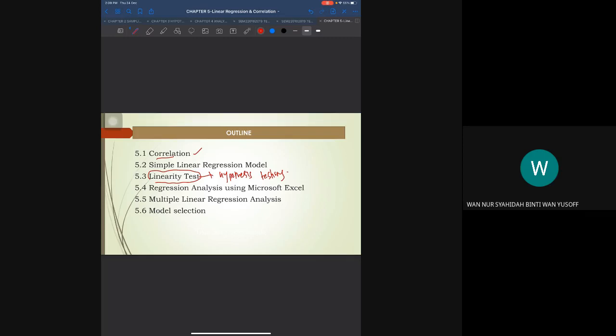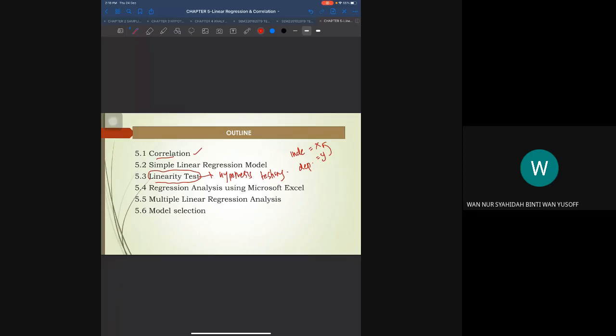One is your independent variable, denoted by x, and another is your dependent variable, denoted by y. Here we assume that y depends on x, and then we check whether they are really related to each other or not. So simple linear means we have two variables only.